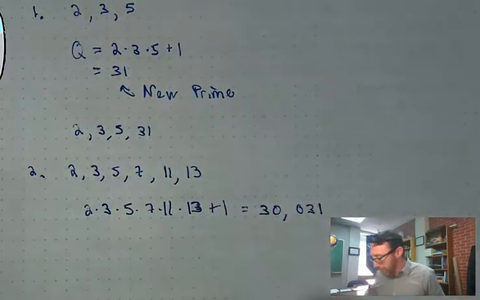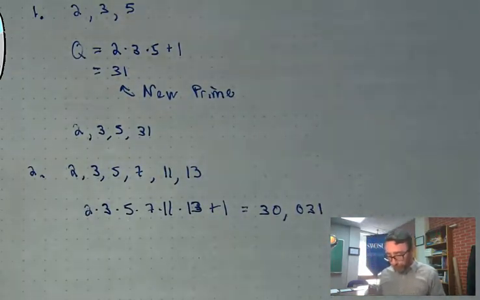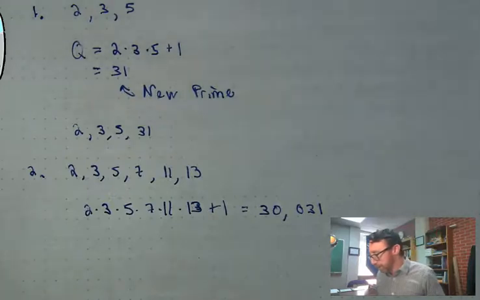30,031. Okay, now I did a little bit of homework on this, and this is in fact not a prime number, but it is equal to 59 times 509.